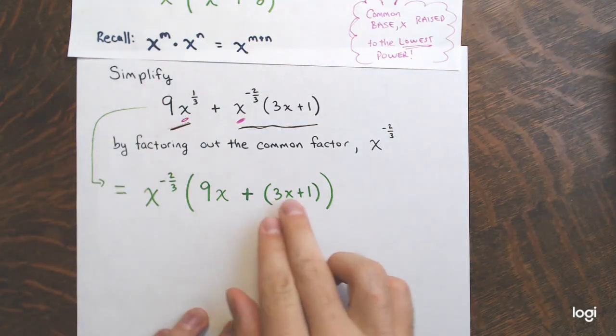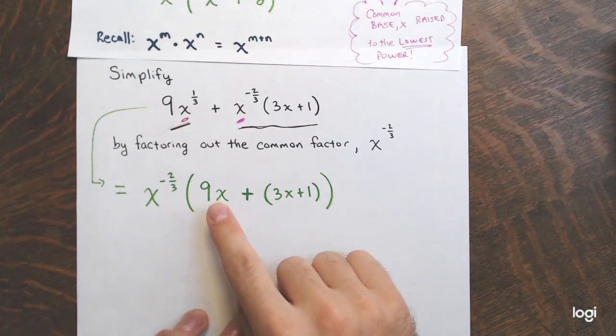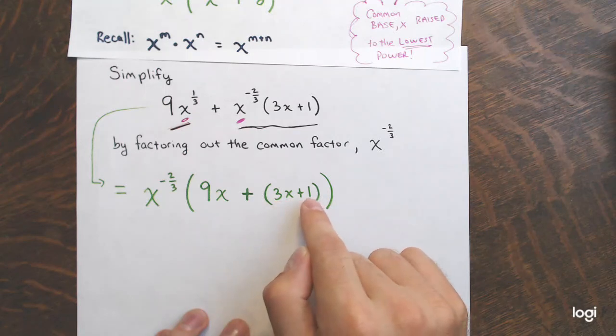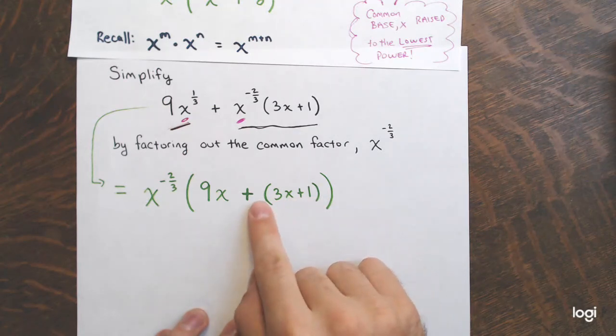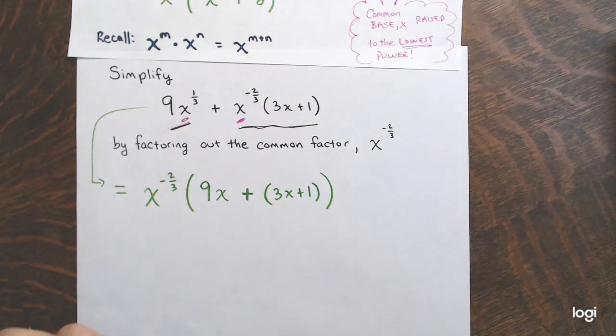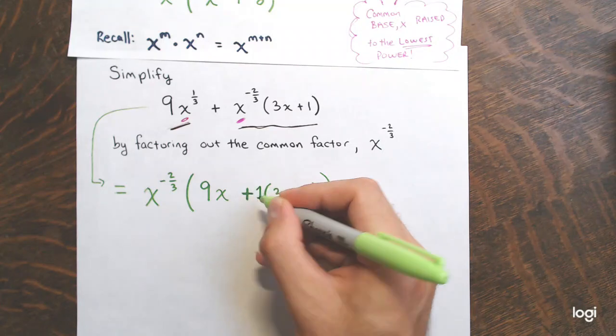So look inside this big set of parentheses. There are some like terms. 9x plus, now really the parentheses aren't necessary here anymore. In the previous example there was a factor of 3 that I could distribute. Here there's a factor of 1 technically. When you remove a whole factor, you technically leave over a factor of 1.